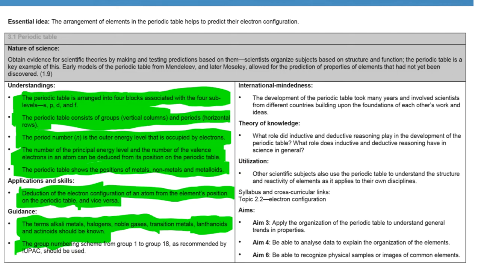The group numbering scheme from group 1 to 18 as recommended by the IUPAC. So we have to use the group numbering from 1 to 18 when we refer to elements in our answers in IB chemistry. So if we're saying sodium, we refer to it as a group 1 alkali metal instead of a vertical column 1, or something more colloquial.